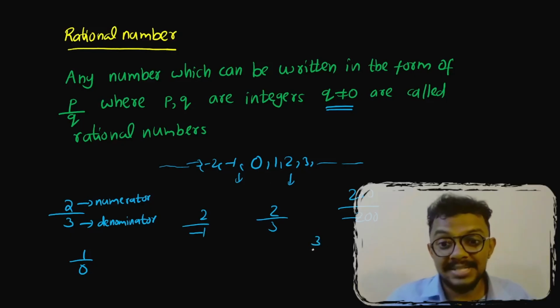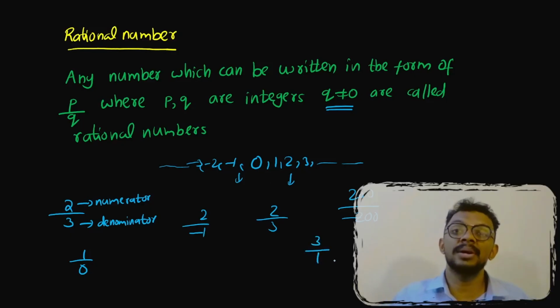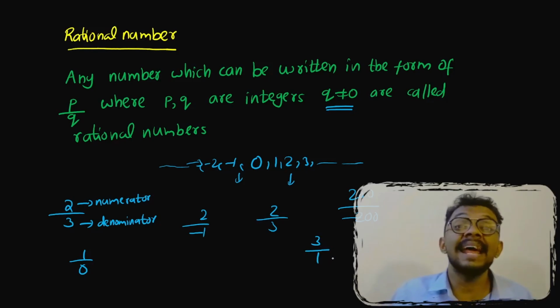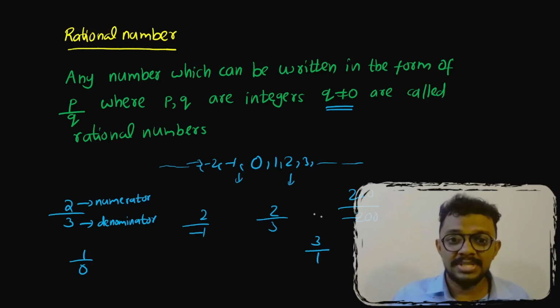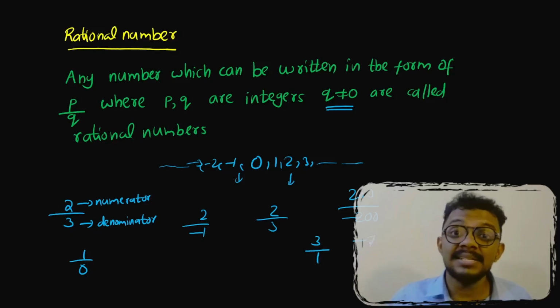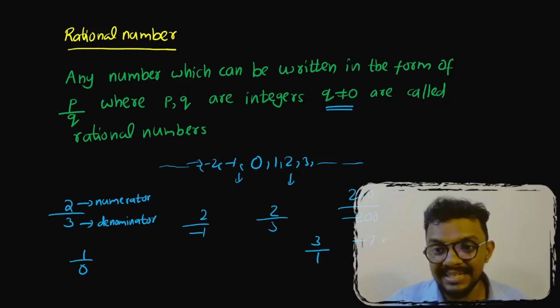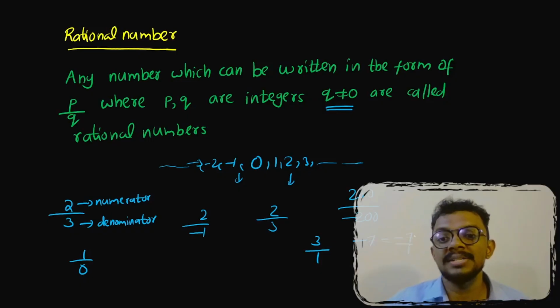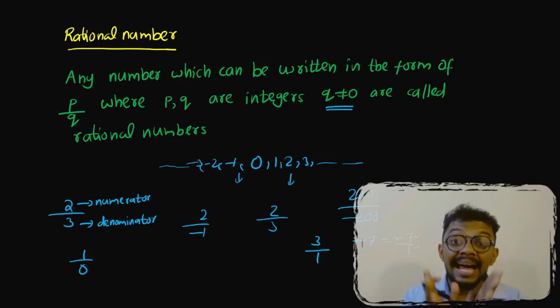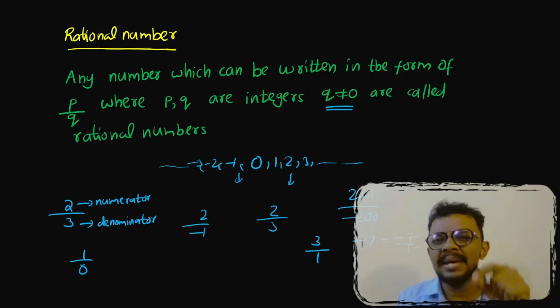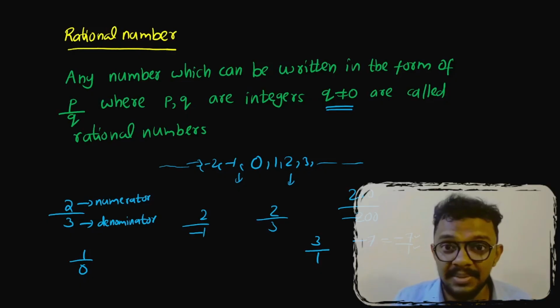Yes, because I can write it as 3 by 1. 3 is an integer, 1 is an integer, so 3 by 1 is a rational number. Is minus 7 an integer? Yes, and minus 7 is a rational number, because I can write it as minus 7 by 1. If I can write a number as an integer by integer, then it's called a rational number.